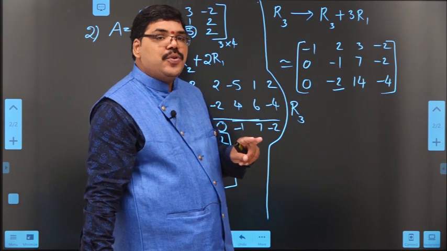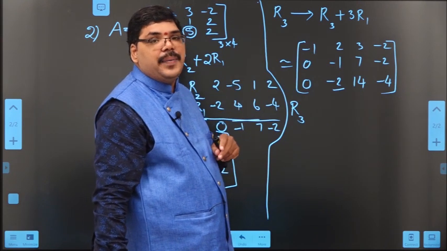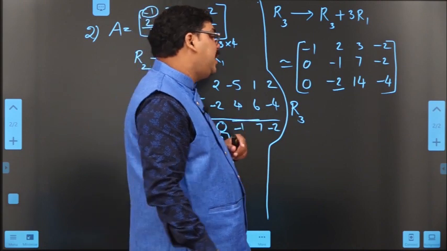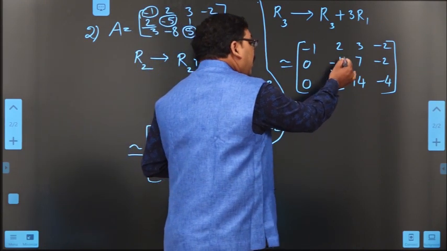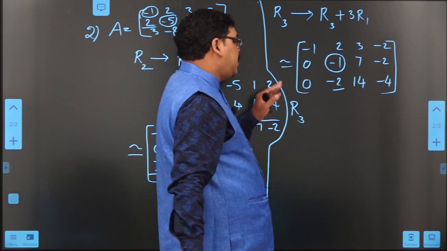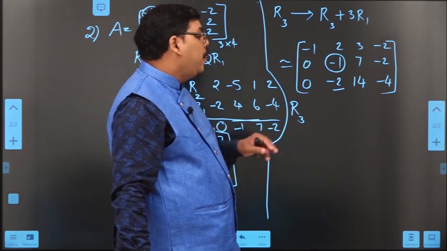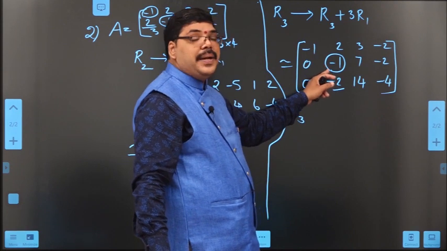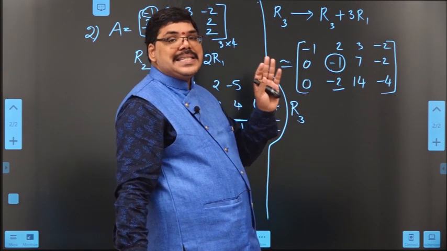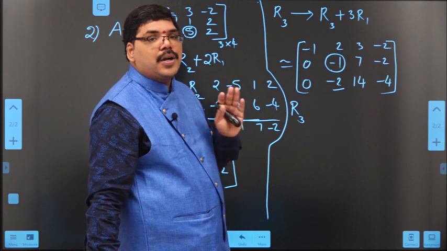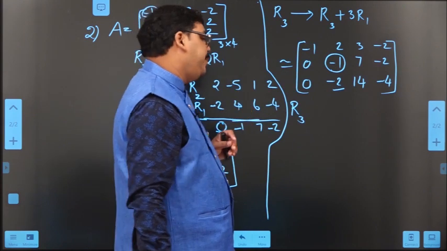When it is in the second position, you have to use the second diagonal element. Where is the second diagonal element? Don't go to the first matrix, just discuss in the present matrix. Okay. What is the second diagonal element? Minus 1. It is in the second row. So you use R2, reduce R3.